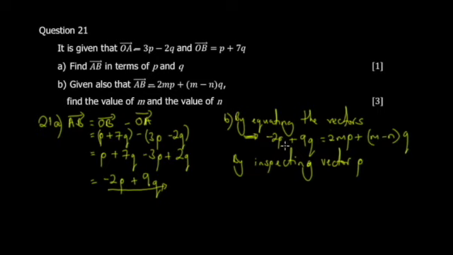Vectors are such that the x component and the y component, the horizontal and the vertical components, are independent of each other. So that means this part here with p is equal to this part here with p. The coefficients are the same. So by inspecting vector p, you get negative 2 equal to 2m. Then you divide both sides by 2, then you get m equal to negative 1.